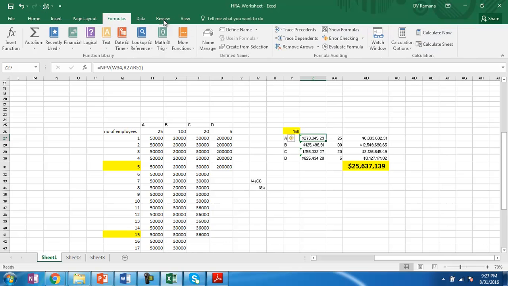For each category we found the present value, assuming particular cash flows, and assuming that the money paid to the employee reflects the benefits that we are going to get. We discount that at the cost of capital and multiply with the number of people in that category, which gives us the value of the human resource.